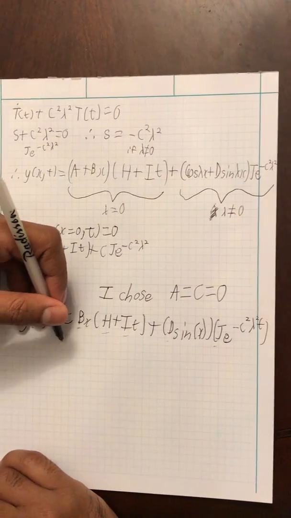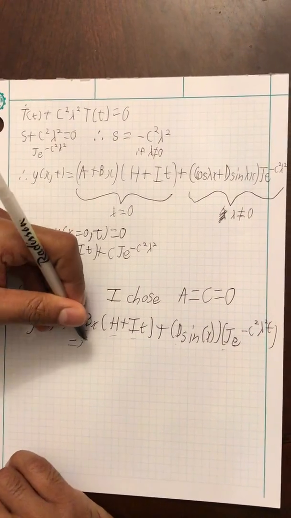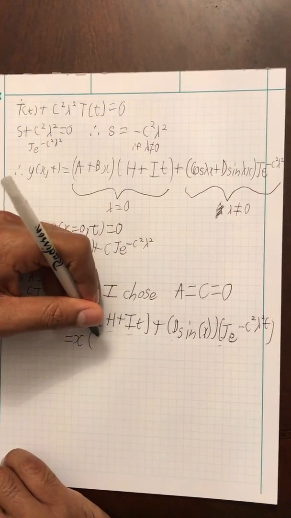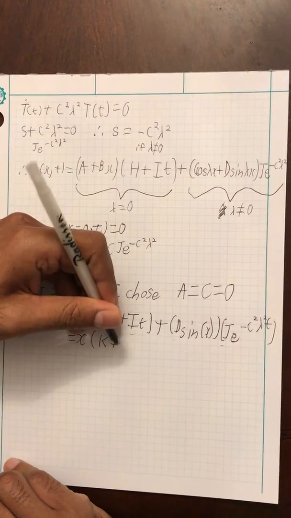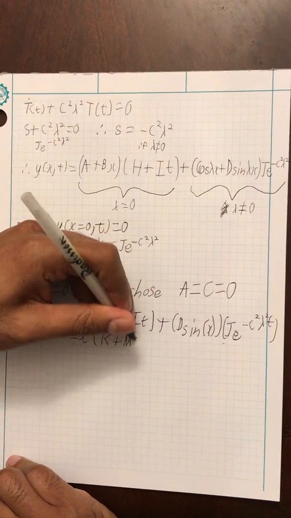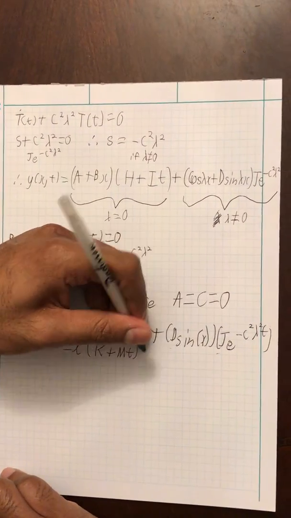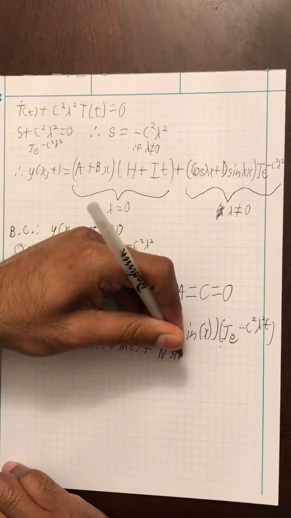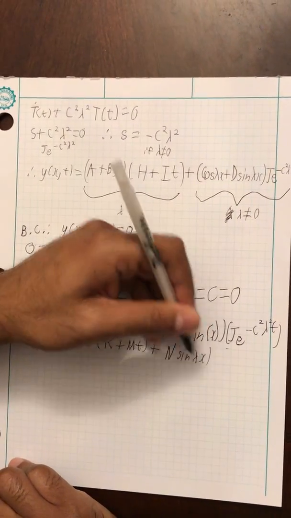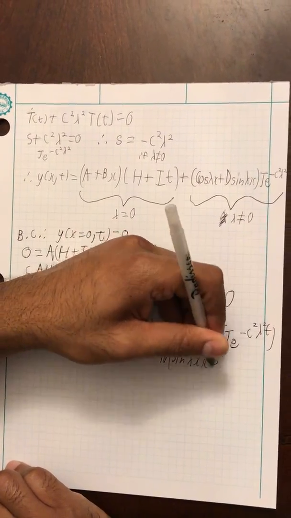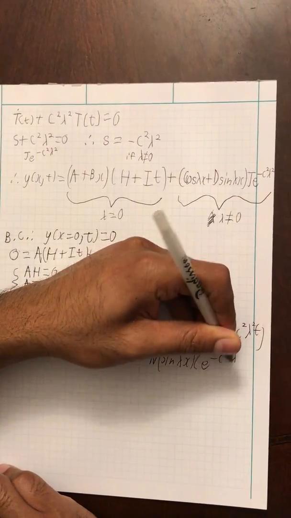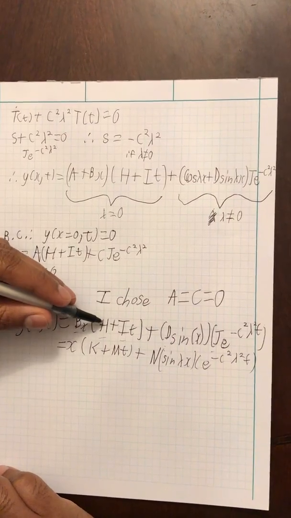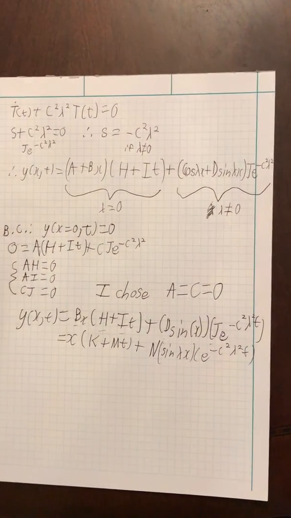To make this a little simpler, I'm going to write down more constants, and change this to y equals k plus m t plus n sine lambda x times e to the negative c squared lambda squared t, where I just made B times H equal to k.